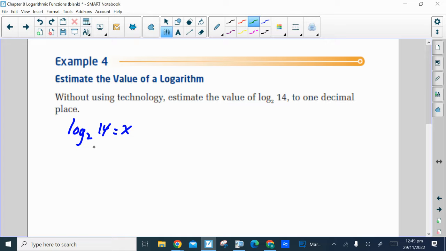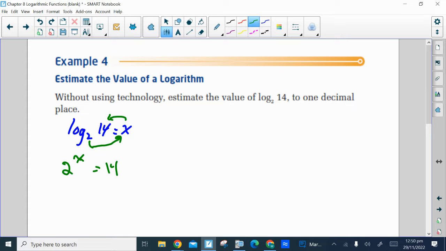Well, if you convert from logarithmic to exponential, start with the base and cycle through. Remember that in either format, the bases are the same. The log has a base of 2, so the exponential function will have a base of 2. After the 2 comes the power x. After that comes equals 14. So this is asking us, 2 to what power is 14.